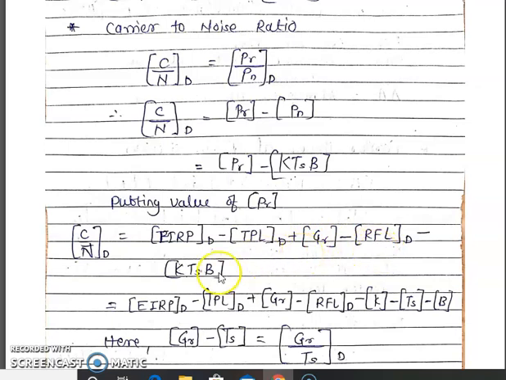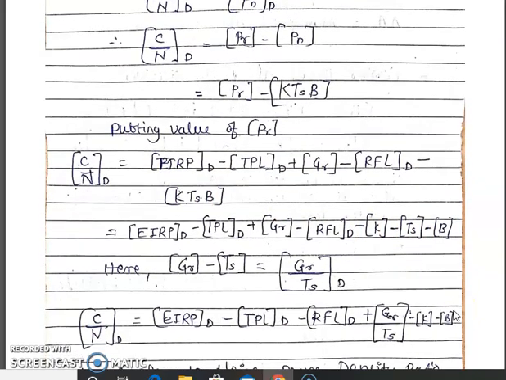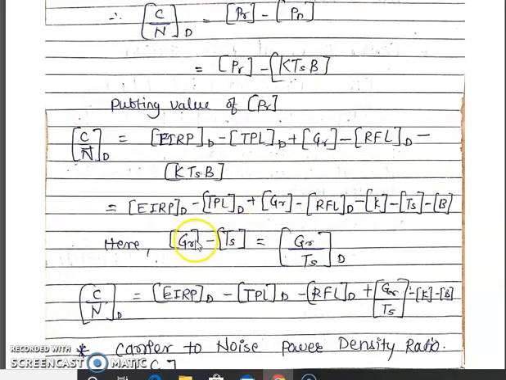This is the PR and minus KTB. This is your noise power. Now again arranging the equation, KTB is separated as K, T and minus B. So here we can arrange the equation as G minus T, which is nothing but G by T. So this is the G by T ratio. If the G by T ratio is given, you can arrange this term as G by T. So this is the G by T minus K minus B.